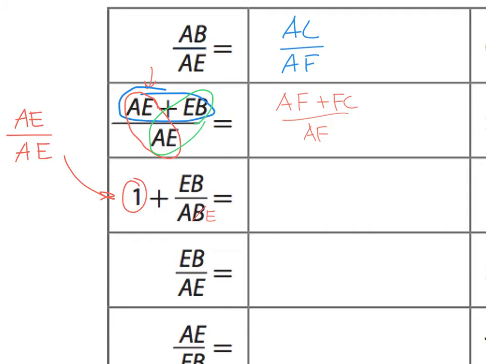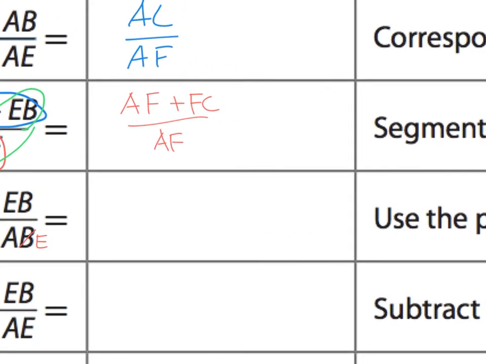So then on the right side here, we're going to have AF over AF, which reduces to 1, plus the other side of my fraction is just FC over AF.